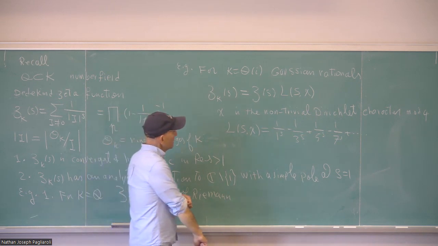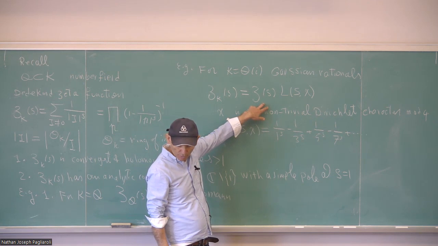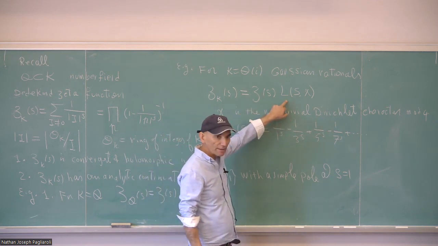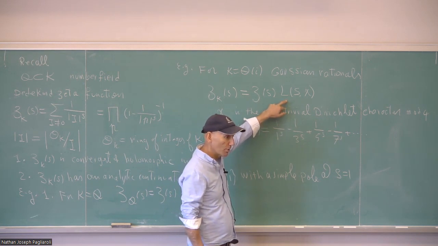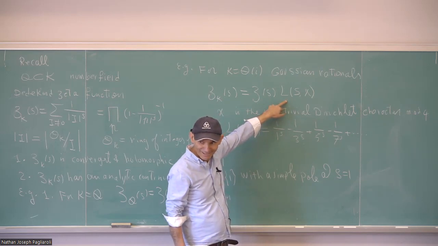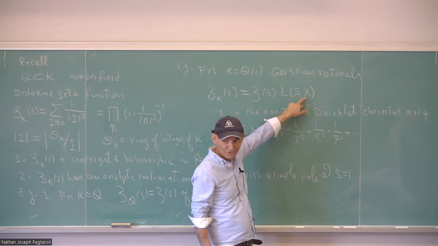Now, this zeta, the Riemann zeta, has analytic continuation to the whole complex plane except s equal to 1. And it can also be shown that this L function has analytic continuation to the whole complex plane. And this one actually has no poles; it is holomorphic everywhere. That's because this character is non-trivial.